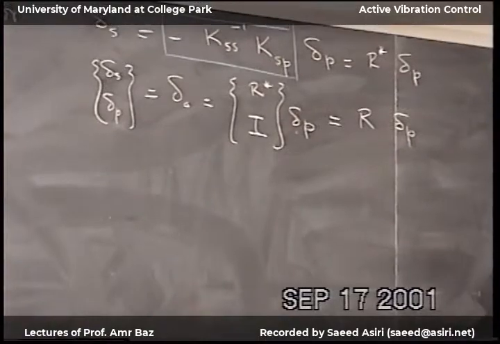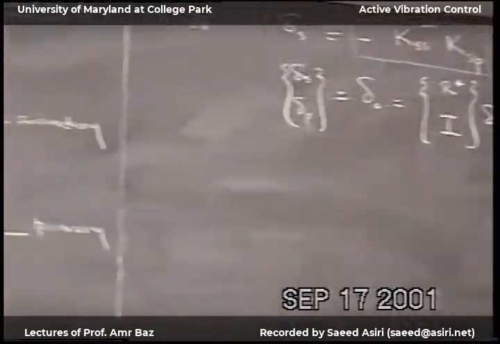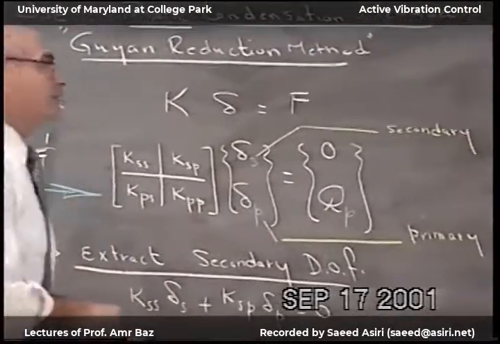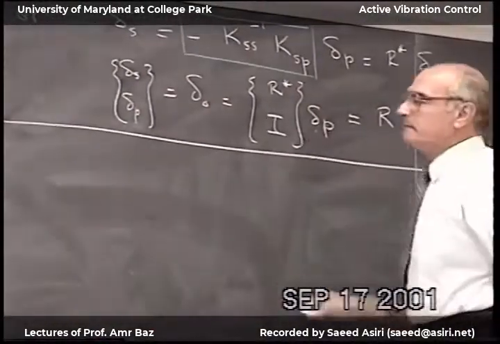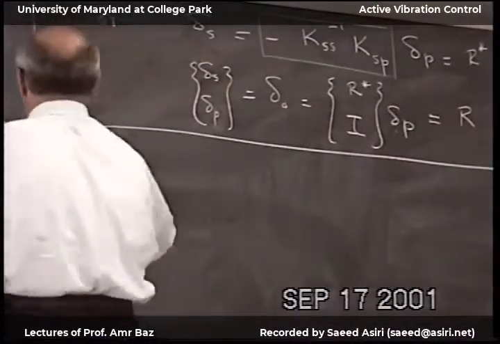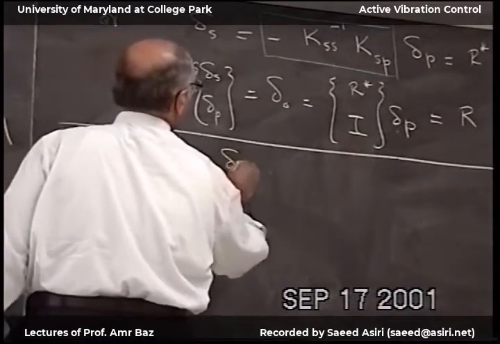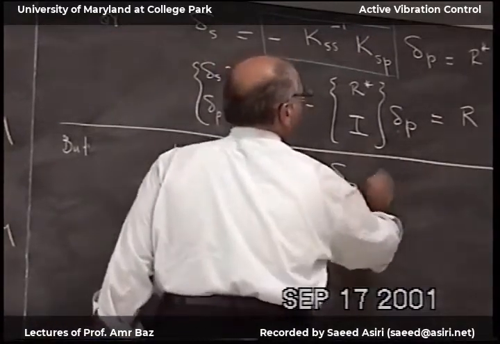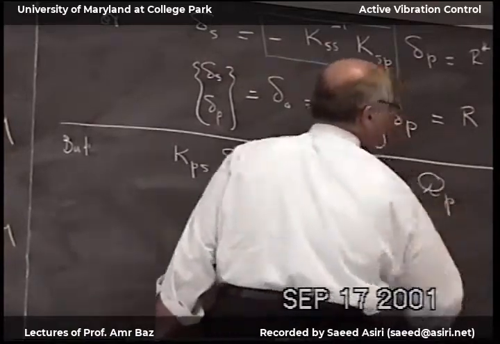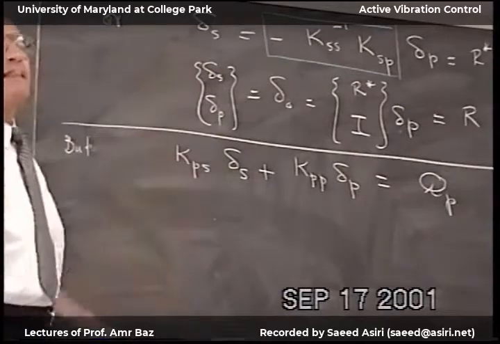Okay. Now I'm going to use this in the second equation. In the second equation, we can expand, so we have K_PS delta_S plus K_PP delta_P equal to Q_P, and I'll replace delta_S from here.